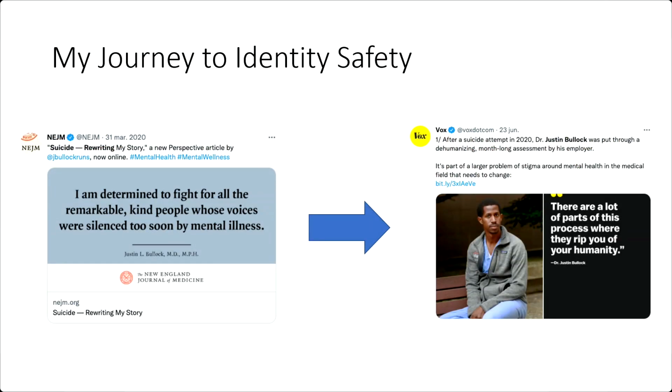And I certainly have a personal relationship to identity safety. I mentioned before that I have bipolar disorder, and I've lived in a medicine where I both felt identity safe for large portions and identity threatened for large portions. Here what I have depicted is a piece I wrote a number of years ago that got published in the New England Journal of Medicine.